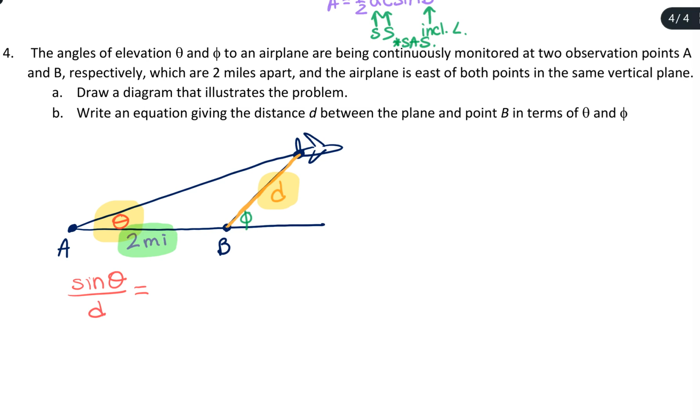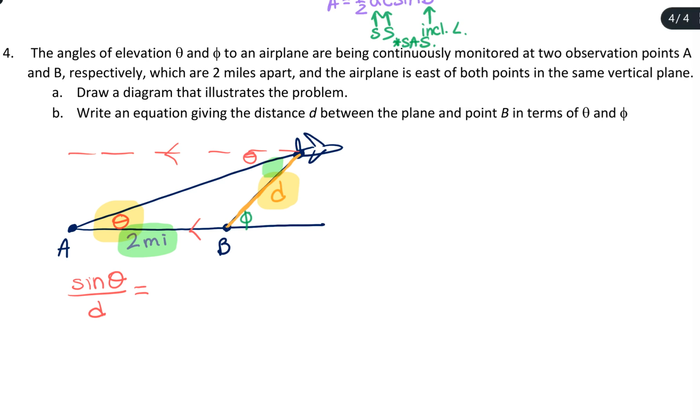The only other side that I have is this 2 miles. So in order to use this 2 miles, I need to find this angle up here in the upper right corner. To find that angle, I need to think a little bit about my geometry. If I draw a parallel line here from the plane, such that that line is parallel to the ground, then I know that this angle up here is also theta.